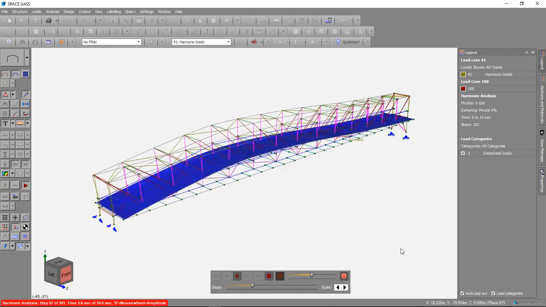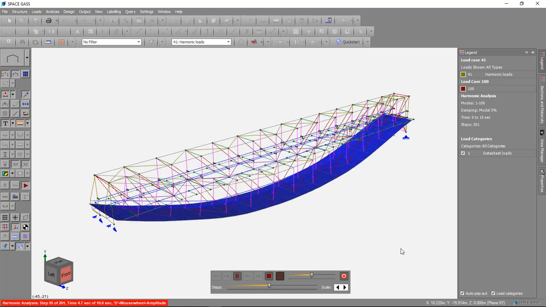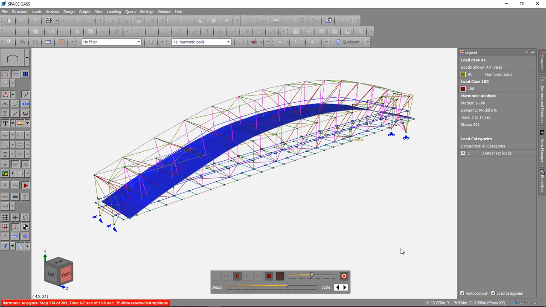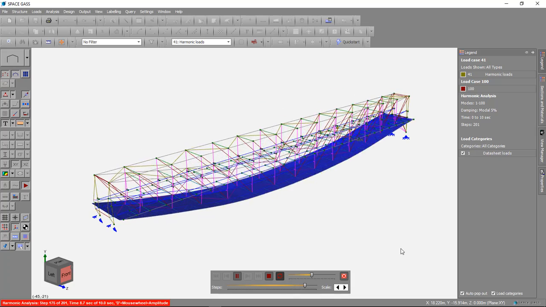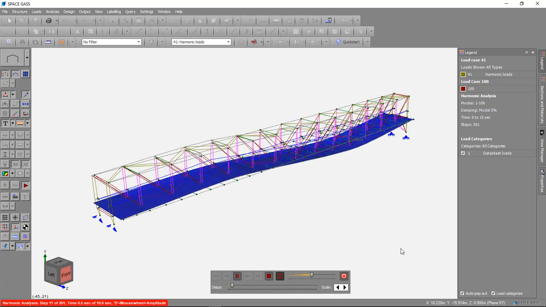So now you can see the motion is much more involved, and it changes as the loads go in and out of phase with each other, because now they're operating at different frequencies.